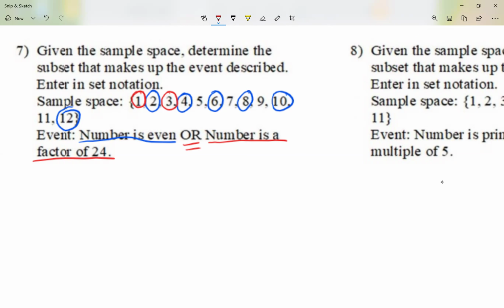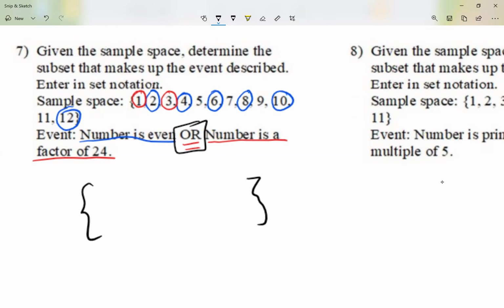When I see the word or, let me focus here on the word or. The number is going to be part of my subset as long as it was circled by one of the two choices I have. My two choices were: the numbers are even, and the numbers are factors of 24.